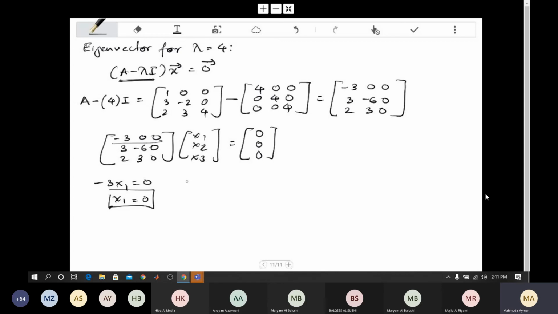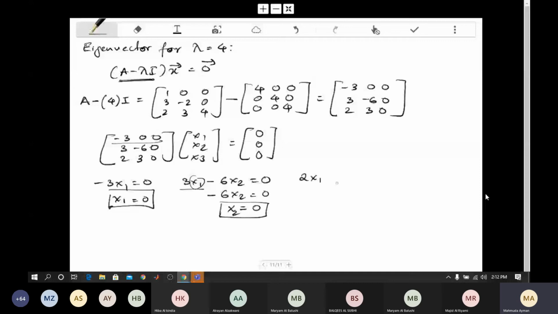For the next equation, we have 3 times x1 minus 6 times x2 is equal to 0. So replacing x1 by 0, this whole term becomes 0. So we have minus 6x2 is equal to 0, which also says that x2 is again equal to 0 here.